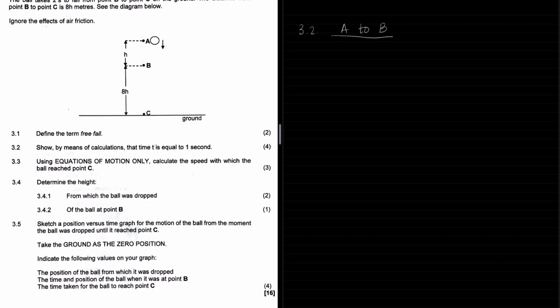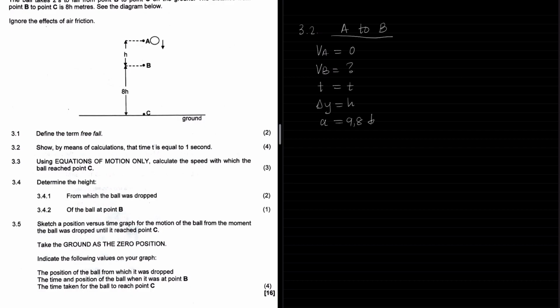So from A to B, I know that VA is 0. I don't know VB. I know that the time is t, and I know that the delta y is h, and the acceleration is 9.8 downward.